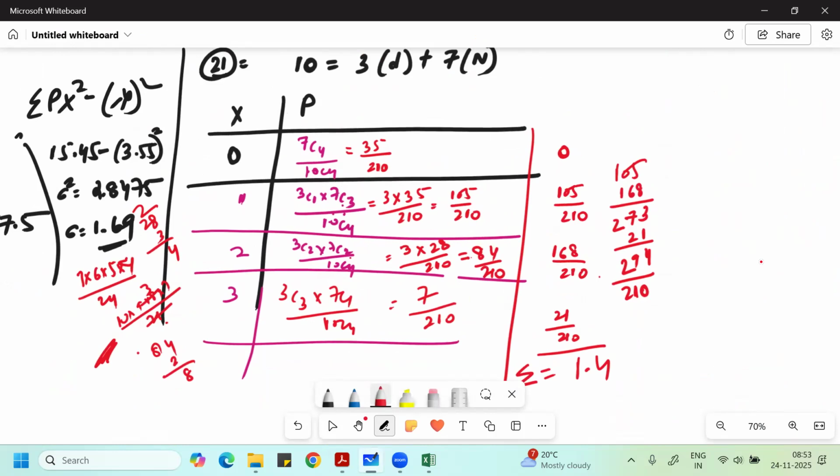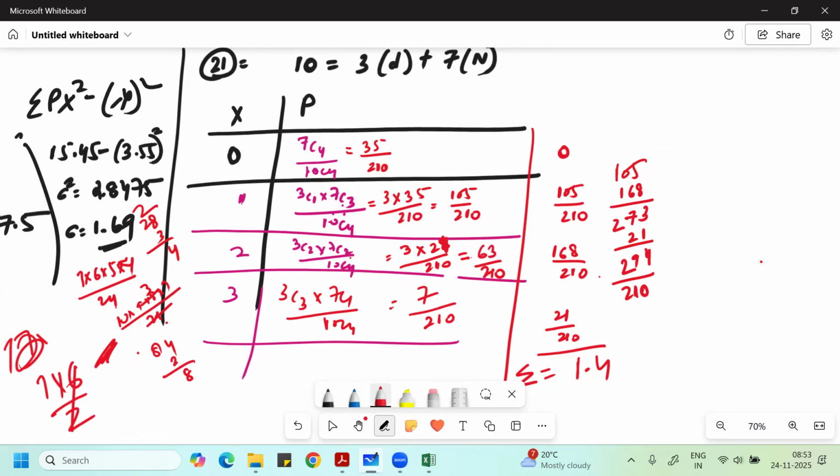Then 3 into 35 is 105 by 210. Then 3C2 is 3, and 7C2 is 7 into 6 by 2, which is 21. This is 21, not 28, so 3 into 21 is 63.